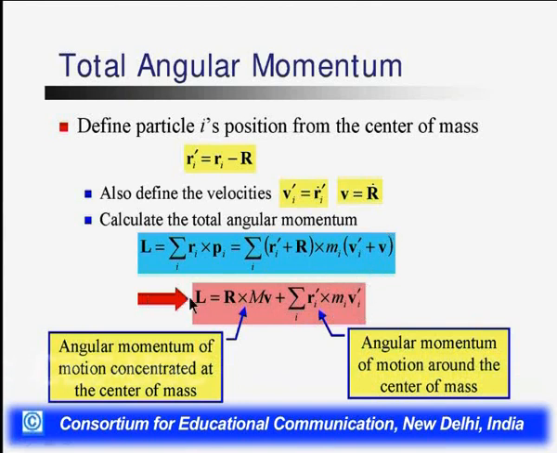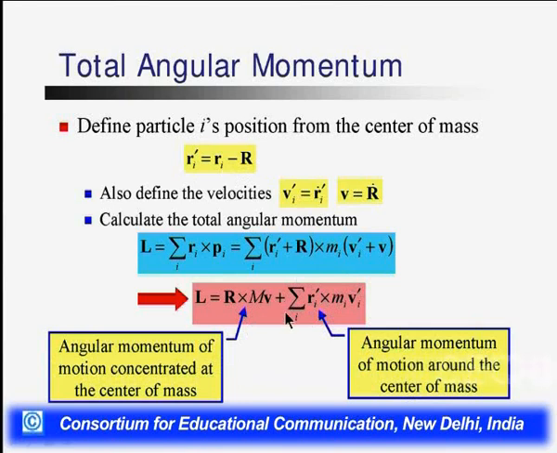Then L is equal to R into MV plus the summation over i of Ri dash into Mi Vi dash. After solving this, we get the total angular momentum. So the total angular momentum L is equal to the angular momentum of the motion concentrated at the center of mass plus the angular momentum of the motion around the center of mass.